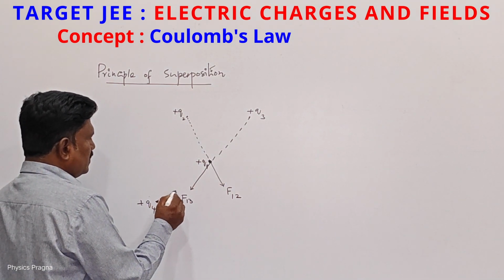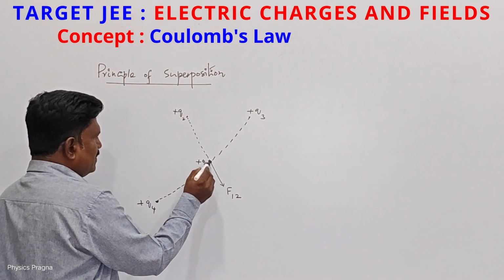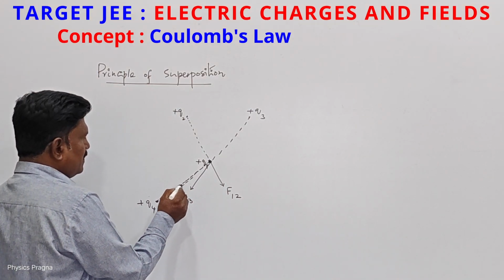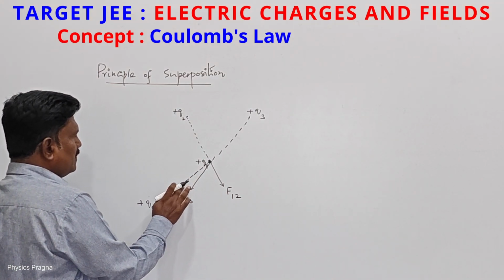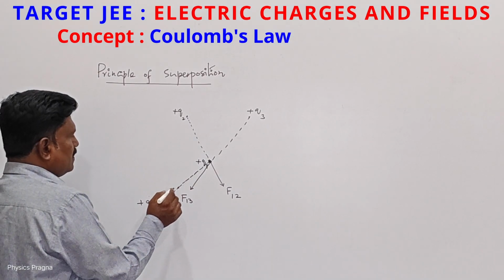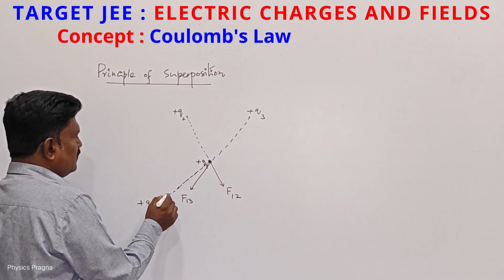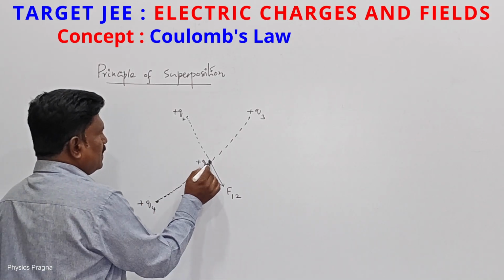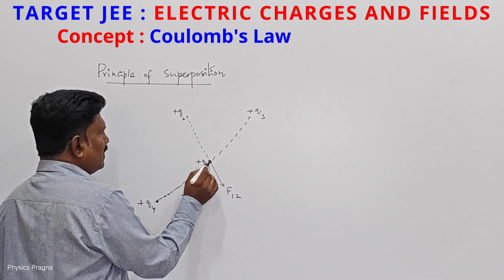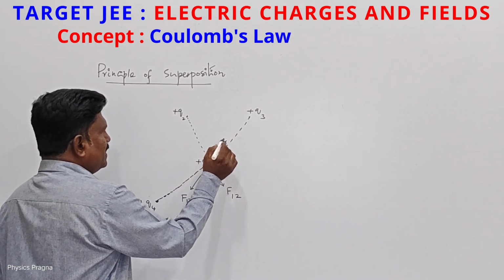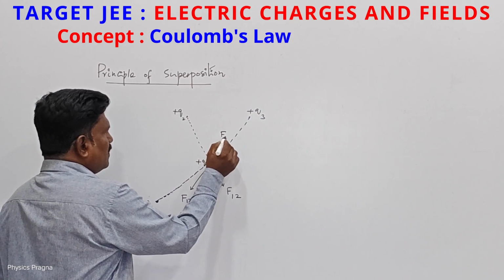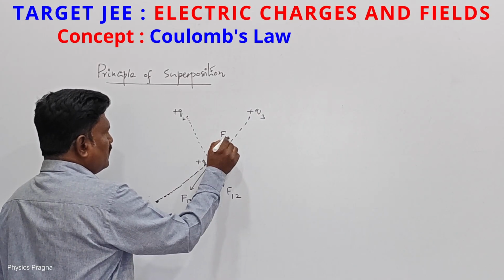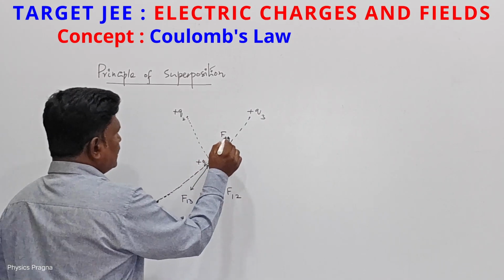This charge Q4, which is here, so this force will repel this in this direction. This is the force on the first charge because of the fourth one, right?